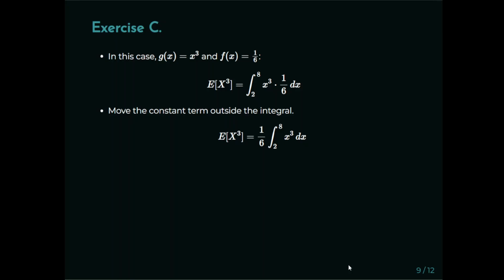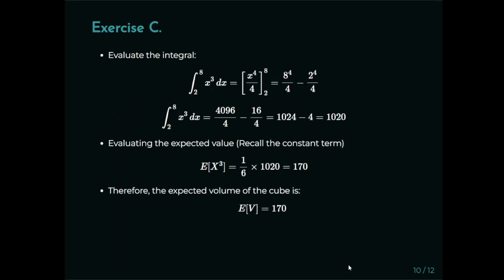The expected value of x cubed is the integral from 2 to 8 of x cubed times 1 over 6. We can move the constant term outside the integral, and essentially what we're dealing with is the integral of x cubed dx. Overall, we have the expected value of x cubed equals 1 over 6 times the integral from 2 to 8 of x cubed dx. But we'll just look at the x cubed part first. When we integrate that, we have a definite integral that evaluates as x to the power 4 divided by 4 on the interval from 2 to 8.